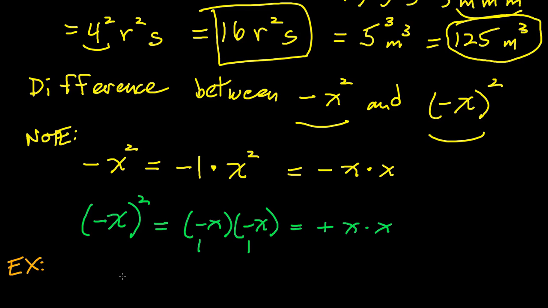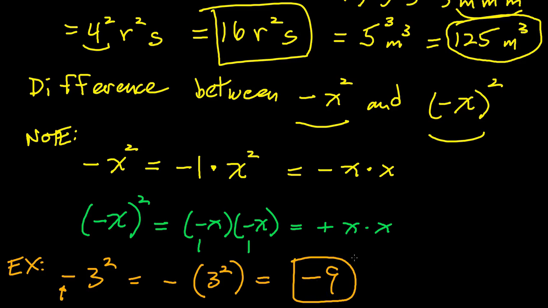Minus 3 squared is really equivalent to the negative of 3 squared. That negative sign is outside the exponent operation. And that will return a negative 9.